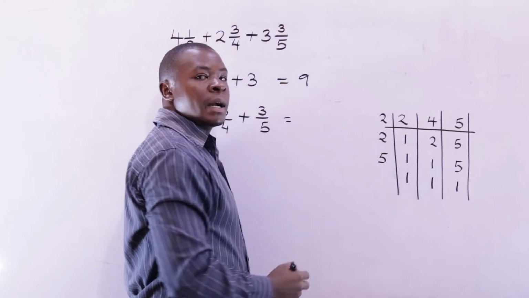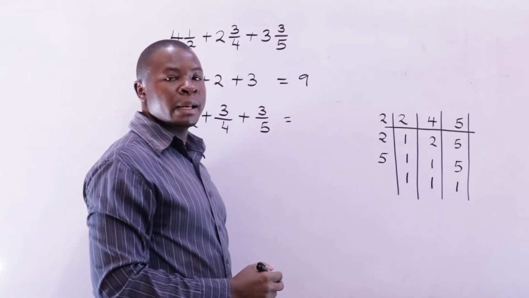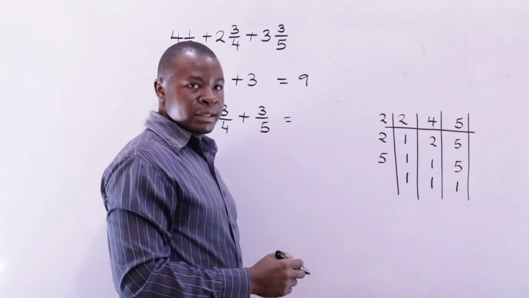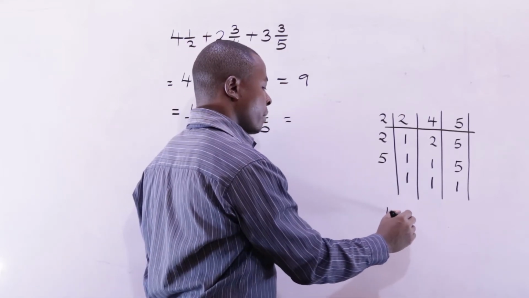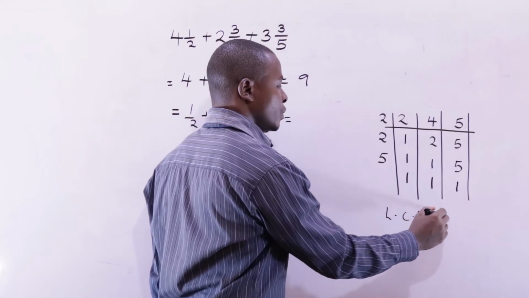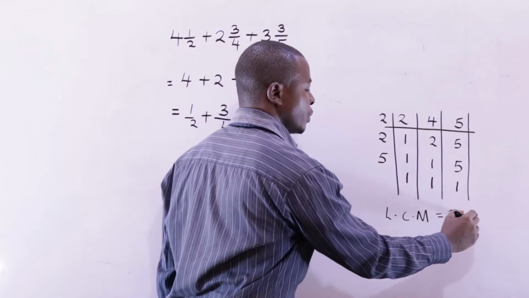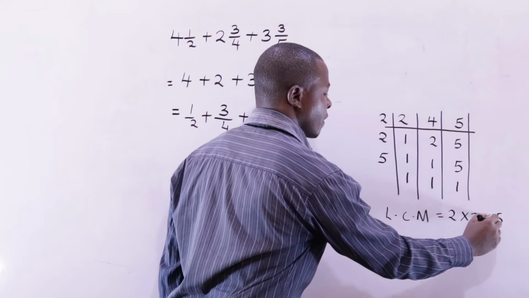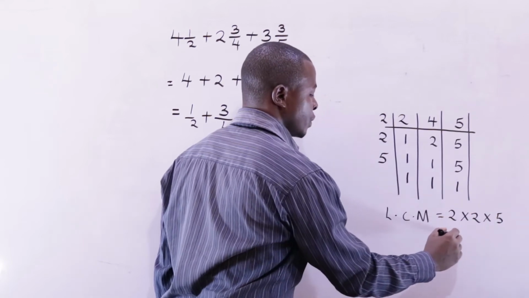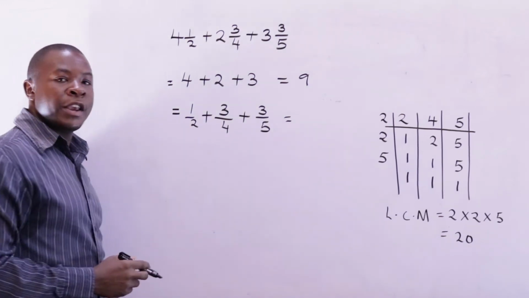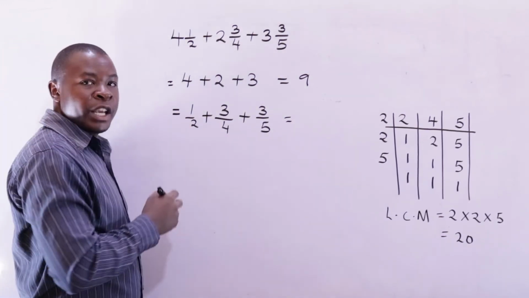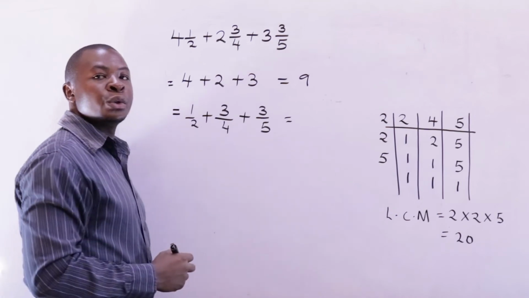These are the prime numbers which when multiplied give us the LCM. Therefore, the LCM of the three numbers equals 2 times 2 times 5, which equals 20.